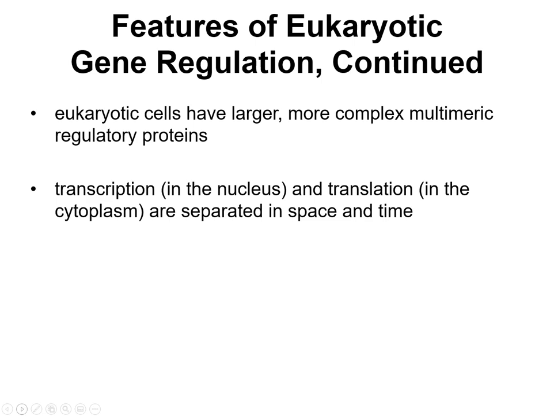Eukaryotes have larger, more complex regulatory proteins, and transcription occurs in the nucleus and translation occurs in the cytoplasm, so that it's separated in space and time. These are all features of eukaryotic gene regulation that you don't see in bacteria.